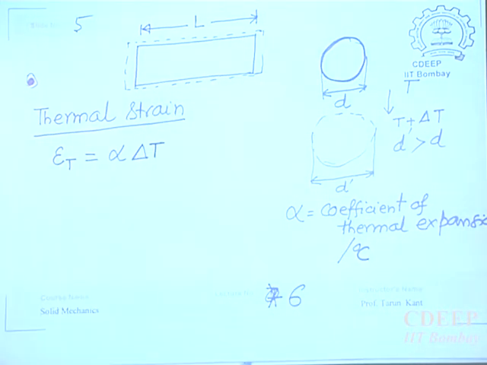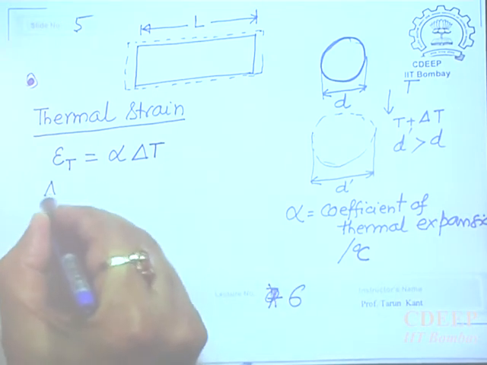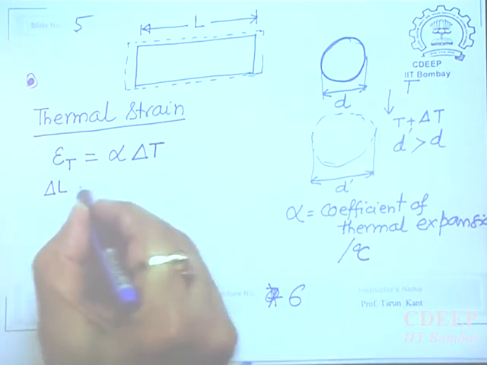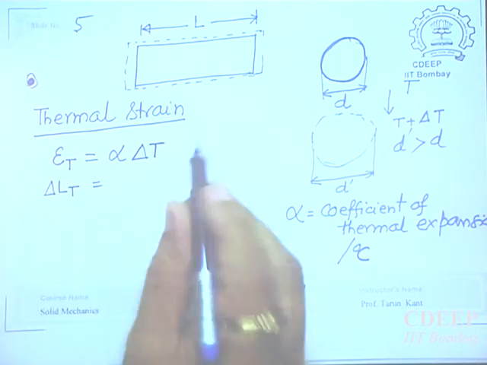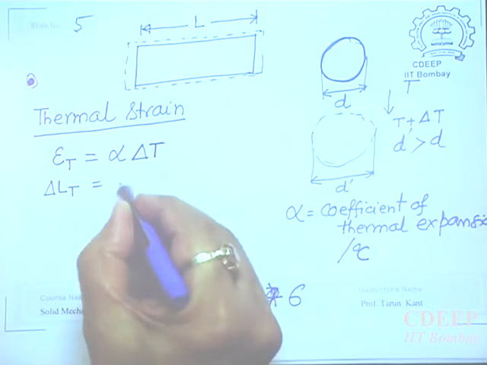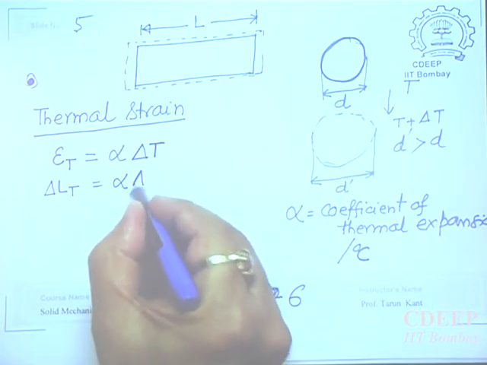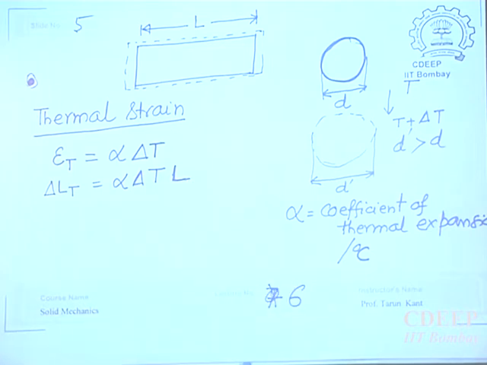So if I want to find out the final length of this rod, the change in length delta L due to temperature will be strain multiplied by the length. So it will be alpha delta T into L original. So this is the change in length.